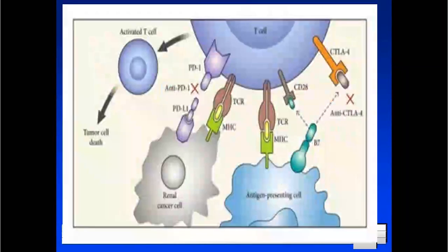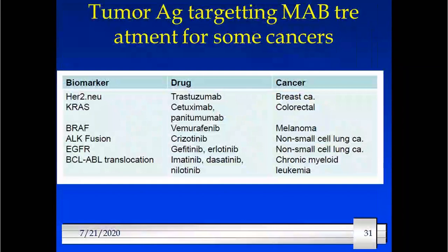And this table shows some monoclonal antibodies used in routine clinical practice as treatment targets for some tumors. The most important one is the HER2 target, and the drug used is trastuzumab, for HER2 in breast carcinoma.